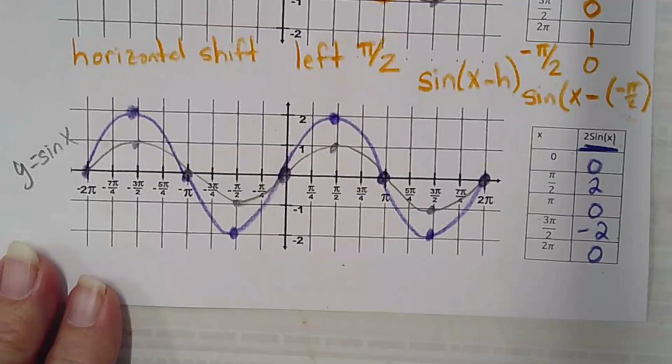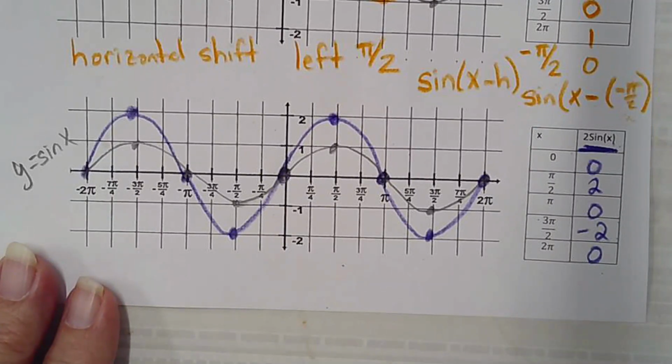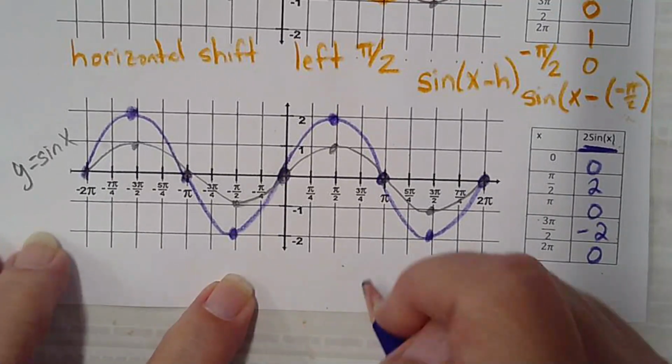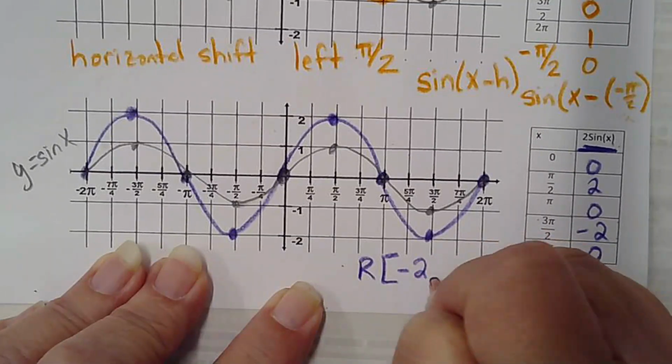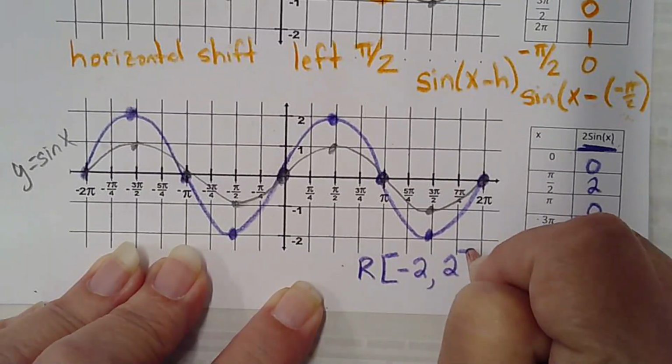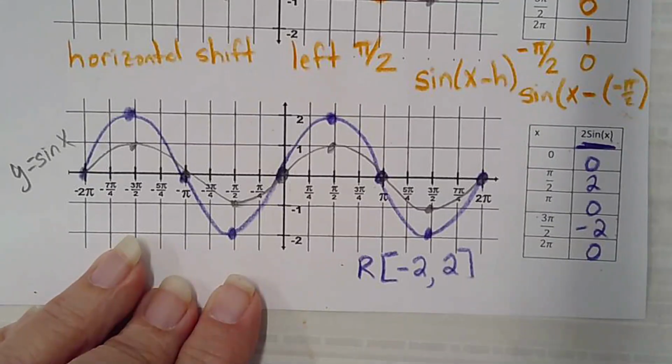All right, is our domain the same? Yes, right? It's a continuous curve. Your domain of your sine function is always going to be negative infinity to positive infinity. It's continuous. But what happened to our range? What's the range now? Negative 2 to positive 2 with brackets because we're including it.